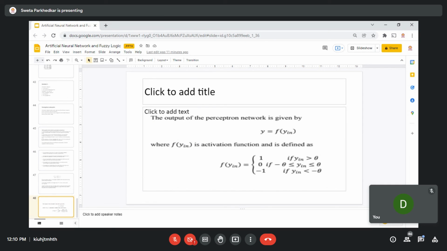Okay, any doubt in this? It's an introduction to perceptron. Tomorrow we'll see the architecture of perceptron, how the original perceptron network looked like.